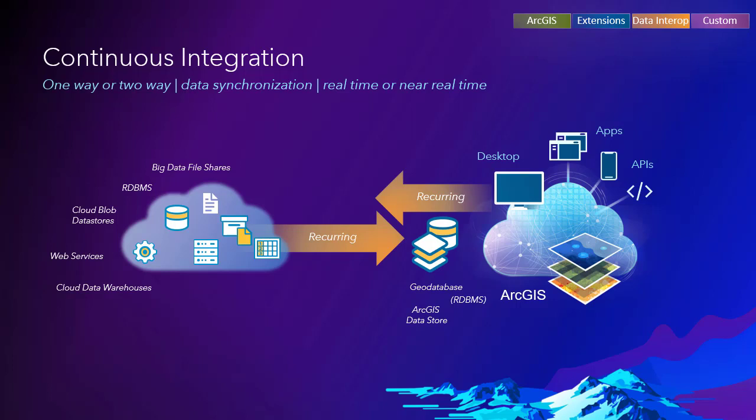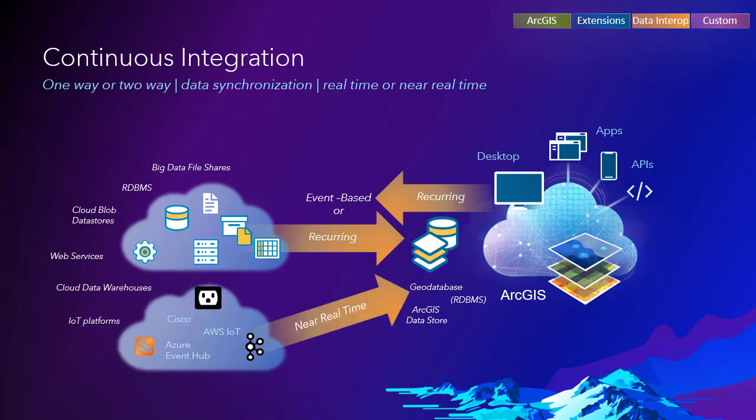It could also be a near real-time synchronization supported by API messages, or we also want to consider how we integrate sensor data streaming in from cloud IoT platforms and other message streams in ArcGIS.